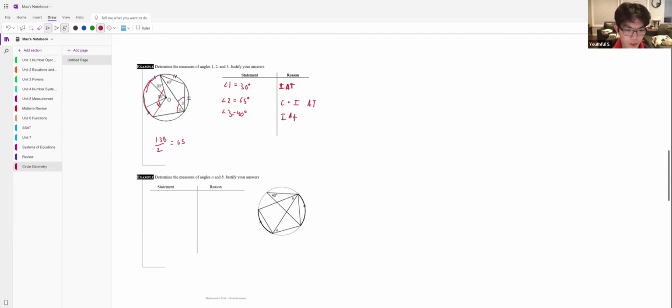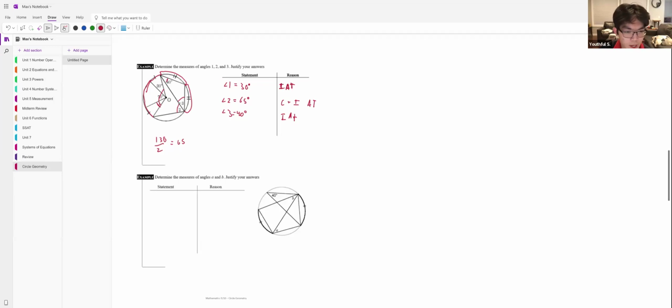So now we have angle 3 here, right? So angle 3 is subtended by this arc, right? And then we also have another arc of the same size over here, right? So then this arc has an angle of 40 degrees, right?